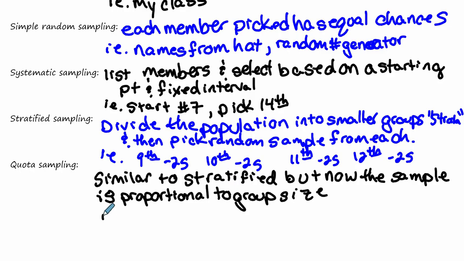The example with this one, so quota sampling would be, so if I have within my group of ninth graders here, I'm picking 25 students, I might bring that down even more. So like within those ninth graders, maybe 60% are female and 40% are male. So I'll make sure the ones that I pick, 60% of them correspond to female and 40% of them correspond to male.